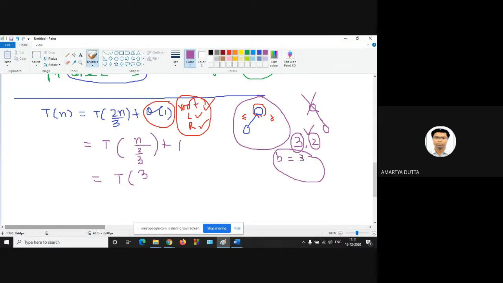Among 3, there will be two number of nodes. 1.5, actually, we have to take the float value. So that's why this is 2. Two number of nodes will be there. Problem size is 2.